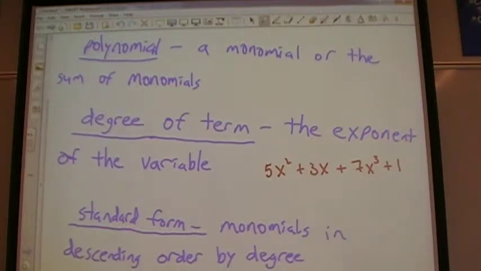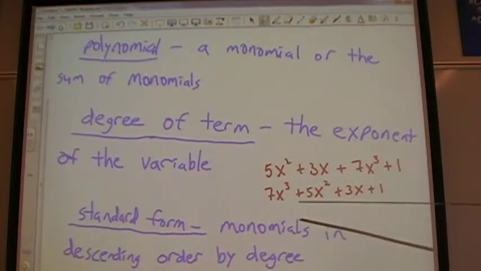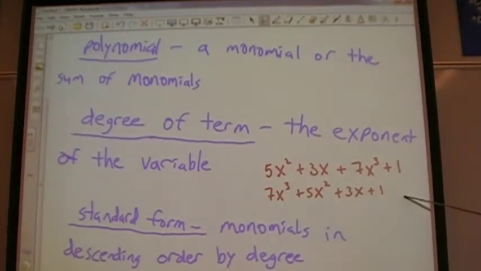Which one should come first? 7x cubed. Good job. 7x cubed, then 5x squared, plus 3x plus 1 would be standard form of that polynomial. Okay. How many different terms are there? 4 different terms. Okay.